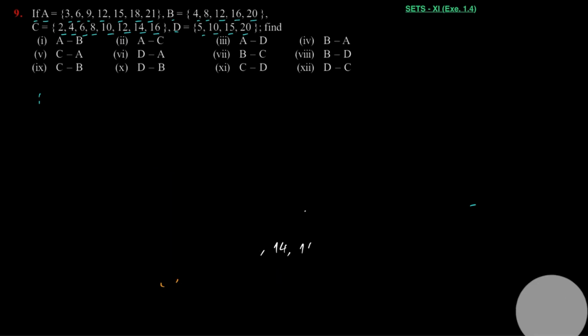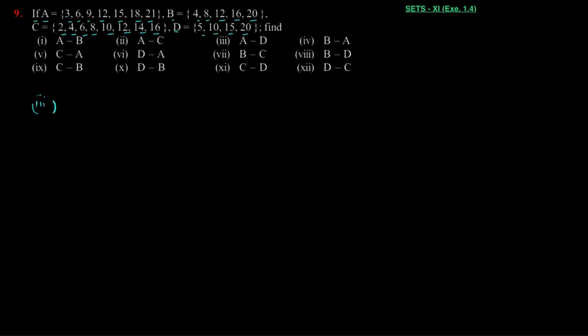Part number next, the third part. What is A minus D? So A is having elements as 3, 6, 9, 12, 15, 18, and 21.